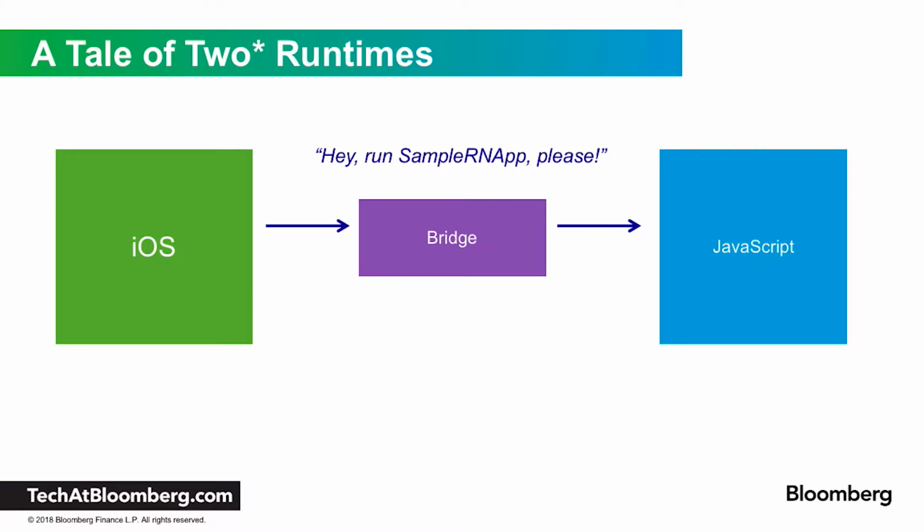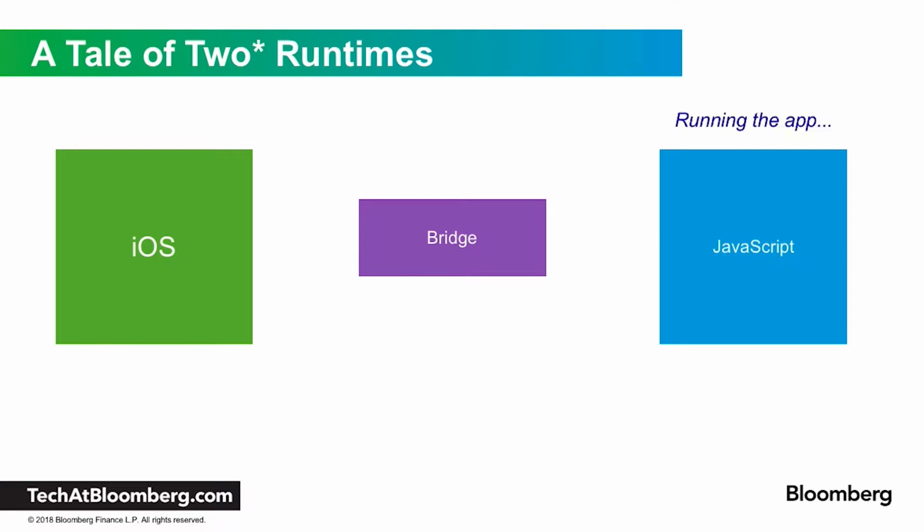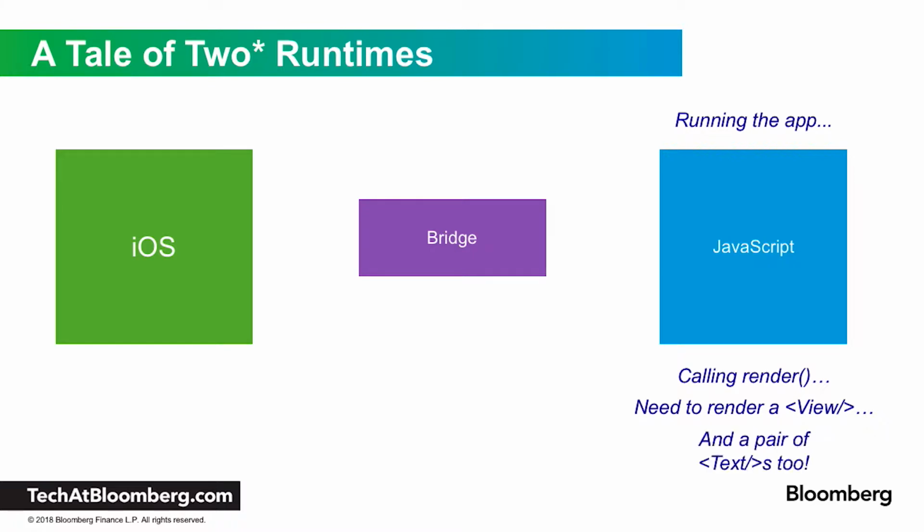We want to run some React Native code. And JavaScript says, okay, I'm going to run this React Native code. That's what I do. I'm just here to satisfy all of the web developers who are here to write mobile apps. We look at the render function next. So we call render, and then it says, okay, there's a few elements. I want to render a view. We want to render a text label and an emoji and another text label too.